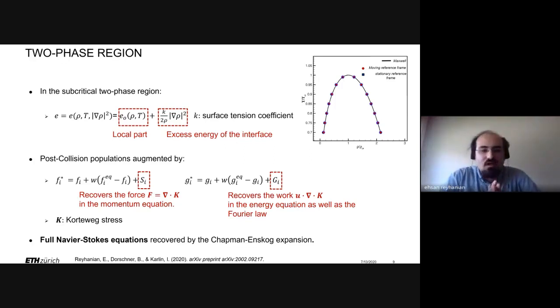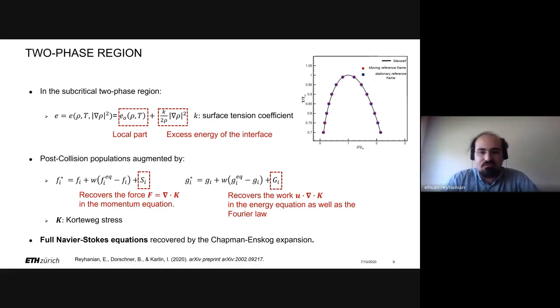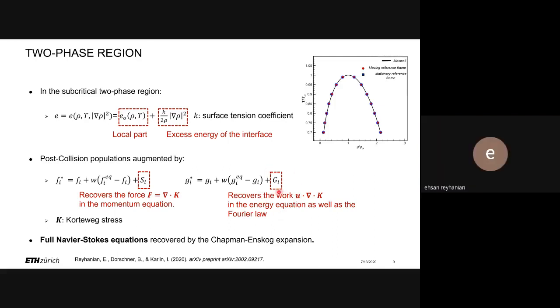Finally, in order for the model to perform properly in the two-phase region, the excess energy of the interface must be taken into account. To that end, the post-collision populations are augmented with proper source terms, where the effect of the Korteweg stress is introduced by the population S_i, and the effect of the work of that force is introduced by the population G_i in the energy equation.